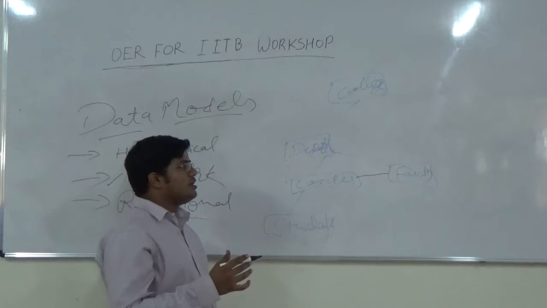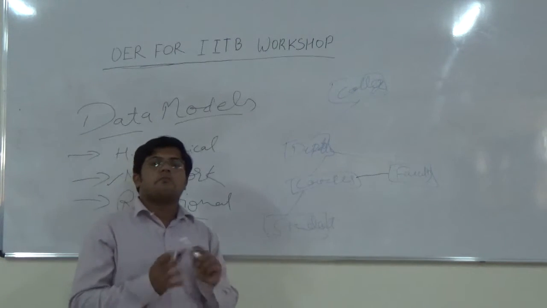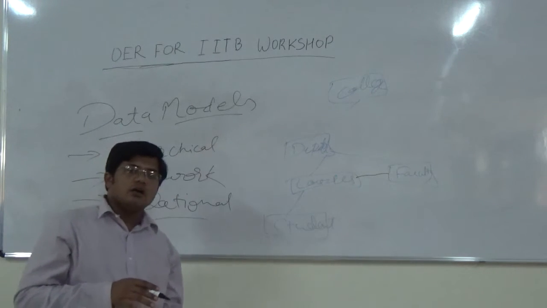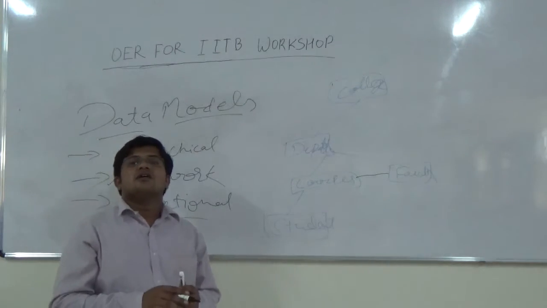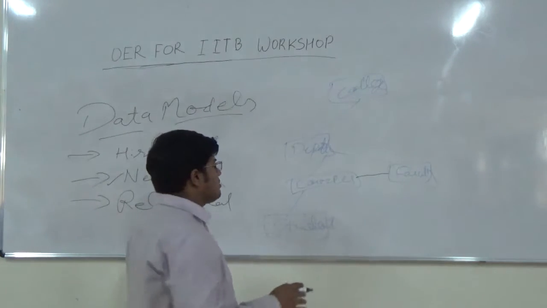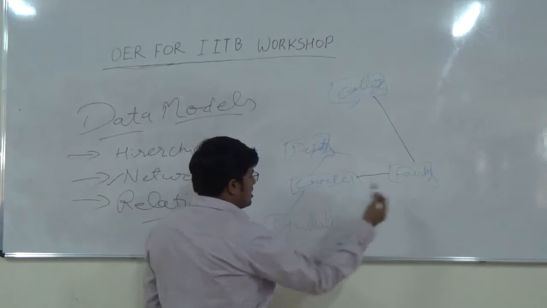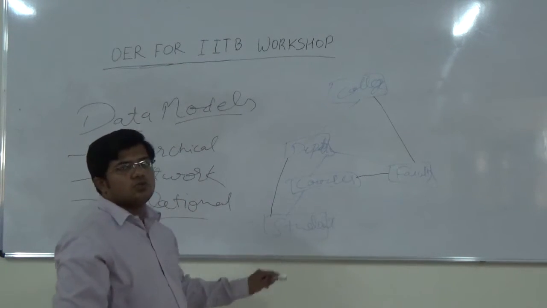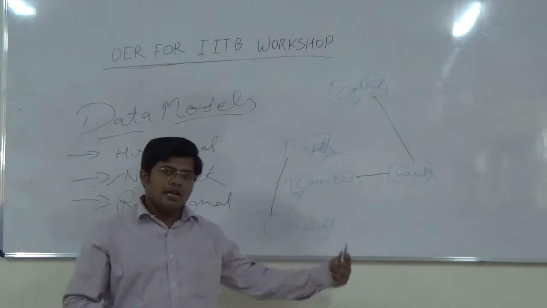Here we are not depending only on parent and child. Some children are dependent on each other, or one child can have multiple parents. College has faculty, department has faculty, courses have faculty, department has students, and courses have students. It's a complete pictorial representation of a network model.